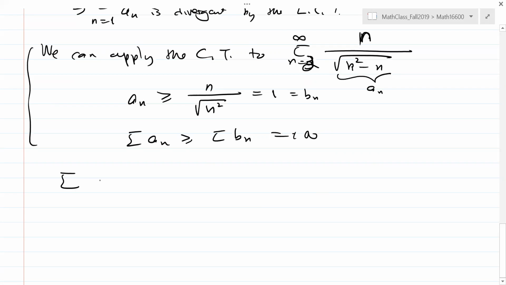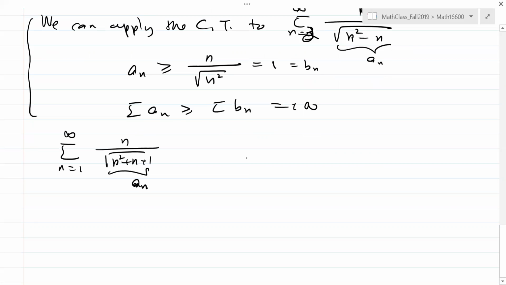Because if you go back to this problem, this is a_n, but the limit of a_n is going to be 1. It's not going to be 0.